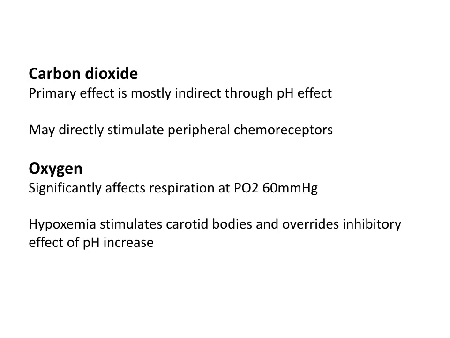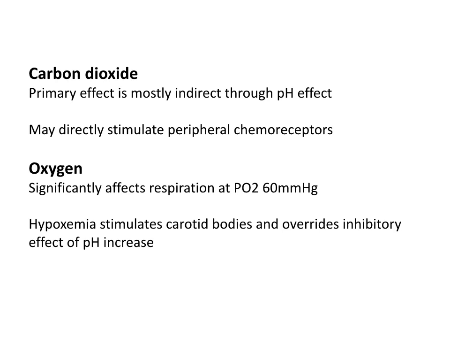Now, carbon dioxide's primary effect on respiration is indirect, and it's through pH. Because remember, most of your CO2 transport is going to be as bicarbonate, and when you form the bicarbonate, you do form the hydrogen ions.